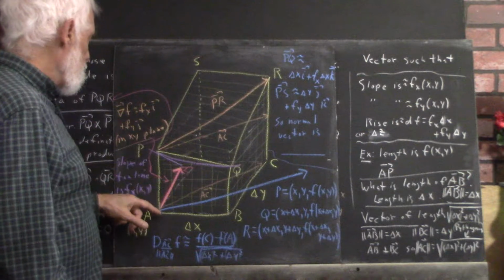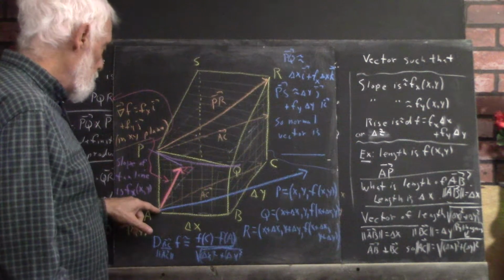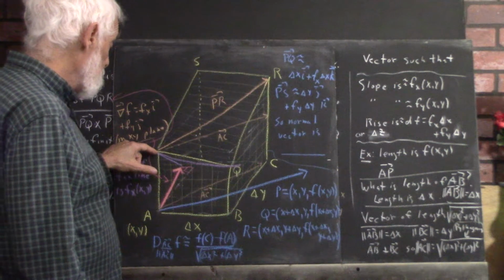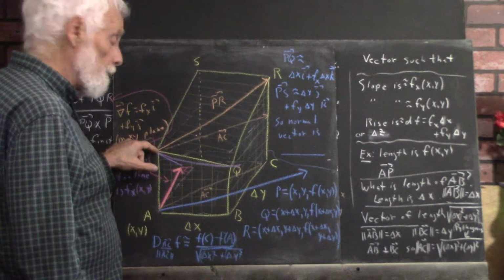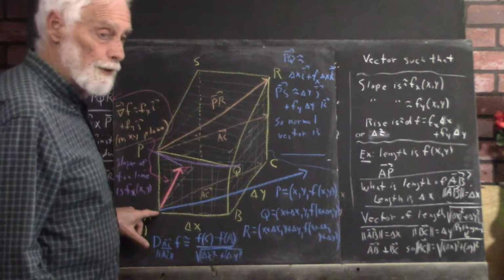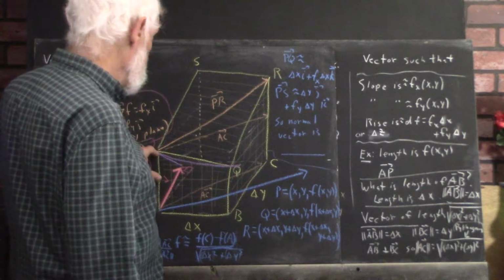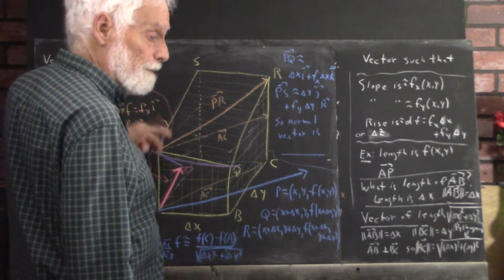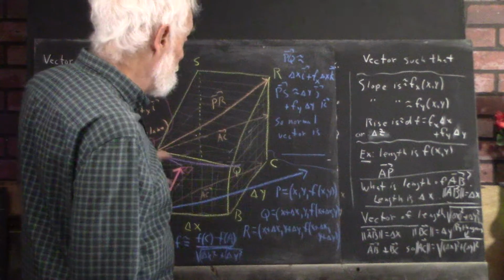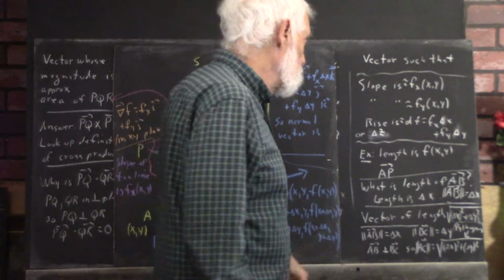Well, the value of the function at xy is the z-coordinate of its graph. So a vector from here to here will have a length equal to the z-coordinate, because this is down here in the plane where z is 0, and this is up here where the z-coordinate is the z-coordinate. Okay, so the vector AP has a length of f of xy.